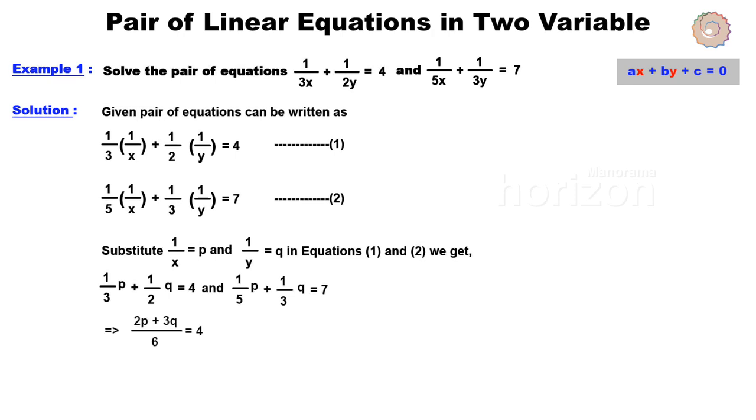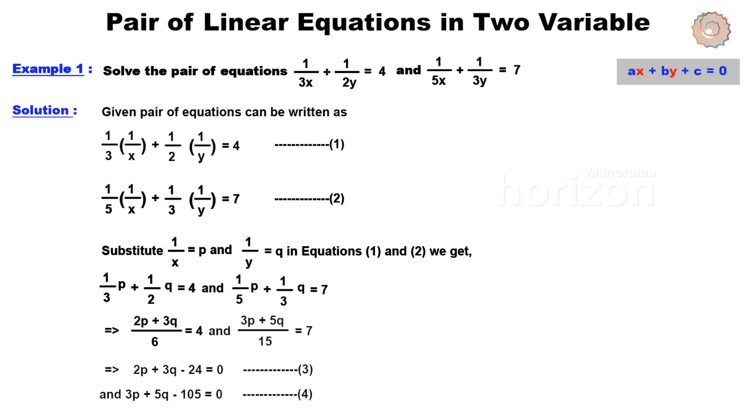Taking LCM for the fractions on the LHS of each equation, we get 2p plus 3q whole divided by 6 equals 4 and 3p plus 5q whole divided by 15 equals 7, which is 2p plus 3q minus 24 equal to 0 and 3p plus 5q minus 105 equal to 0.